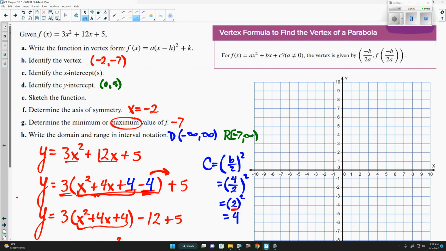And in standard form, finding the y-intercept is actually one of the easiest points to find. Because if we look at 3x squared plus 12x plus 5, if I plug 0 in for x, 3x squared and 12x both become 0, just leaving us with 5. This constant term will be the y-intercept of any higher degree polynomial function.